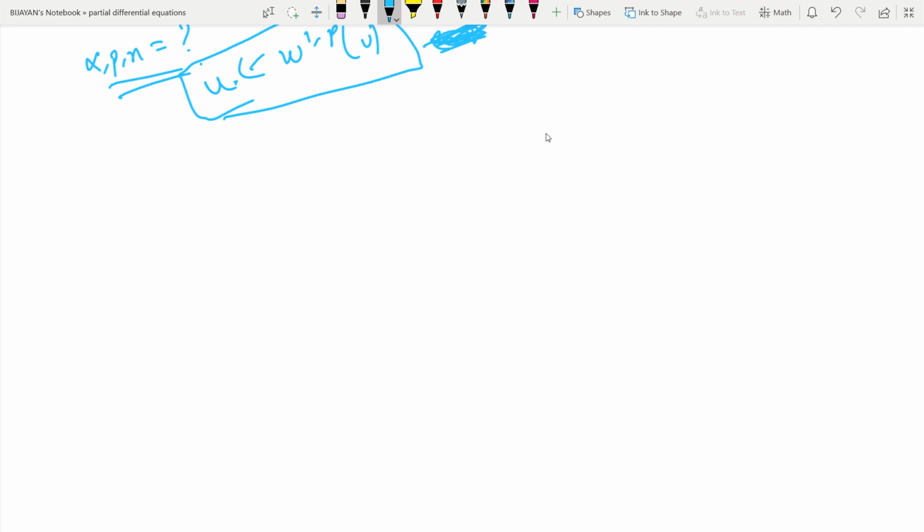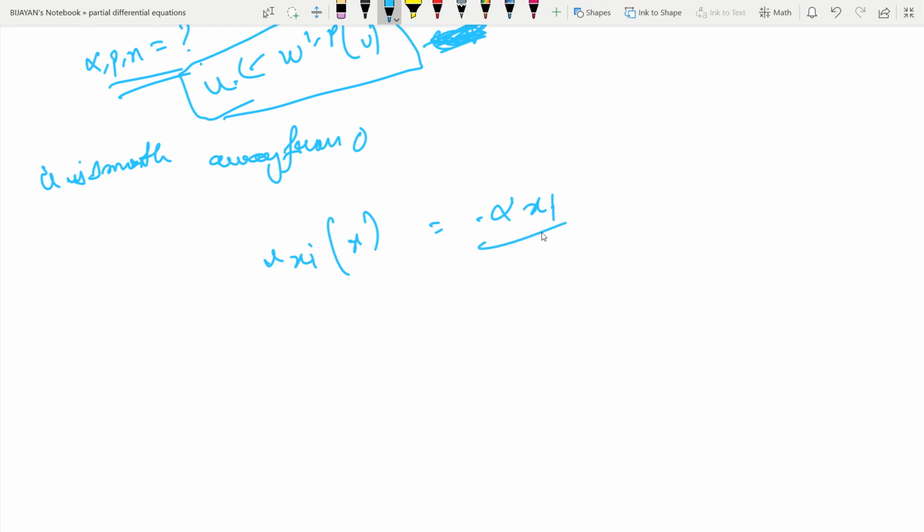Now, to answer this question, note that u is smooth away from 0. Away from 0, u is smooth. u_{x_i}(x) equals minus alpha x_i over |x| to the power alpha plus 2, for x not equal to 0.